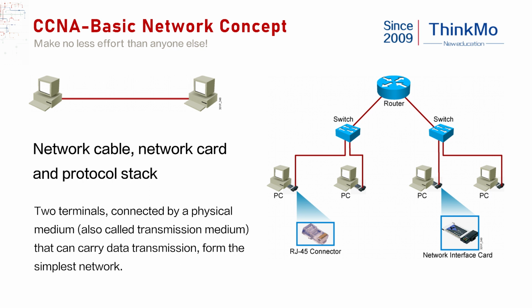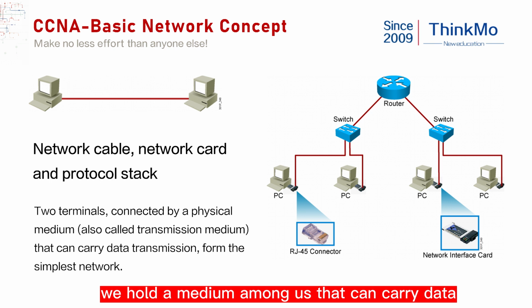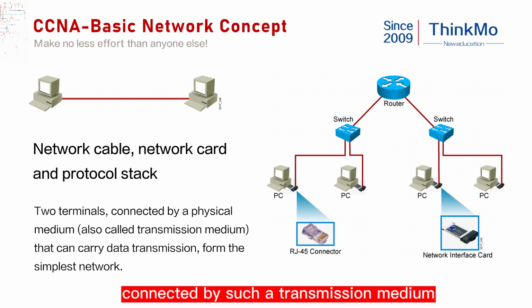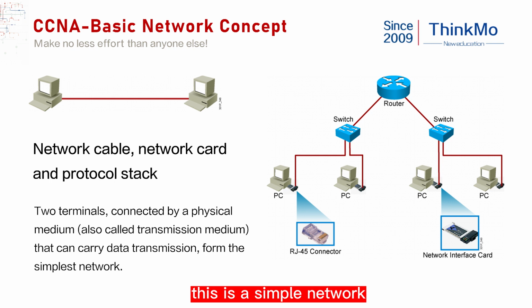Look down. This is a simple network. There are 2 terminals, and between them we have a medium that can carry data, for example a network cable, connected by such a transmission medium. This is a simple network.